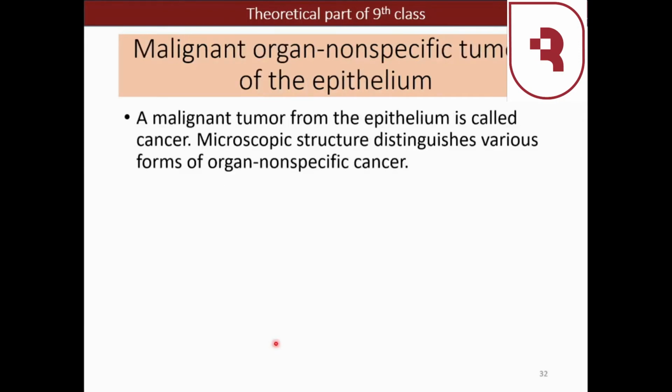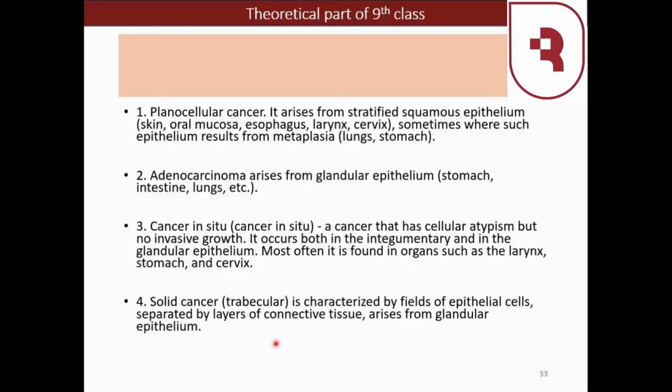Malignant organ non-specific tumors of the epithelium are called cancer. In macroscopical structure we can see a lot of different morphological forms of organ non-specific cancer.